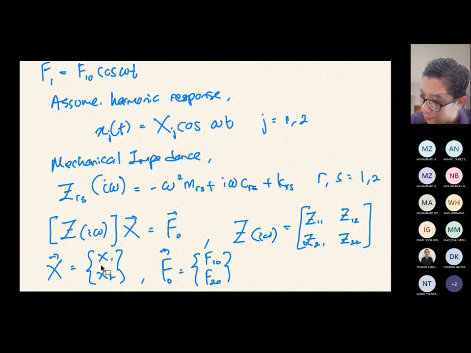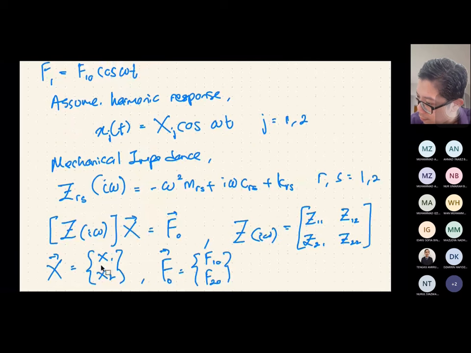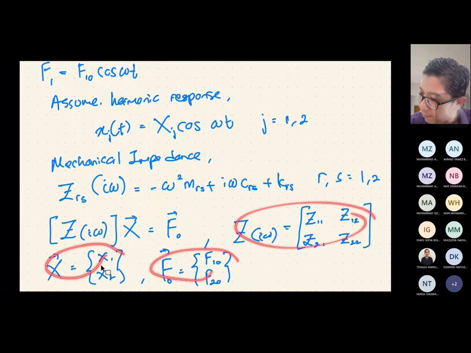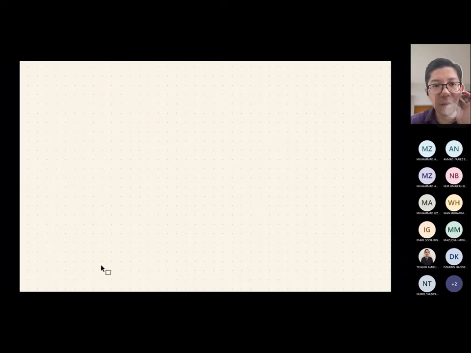So to continue, we have our impedance Z over here, X and F. Using the impedance method, we want to find the response, which should be x(t) equals X cosine omega t.